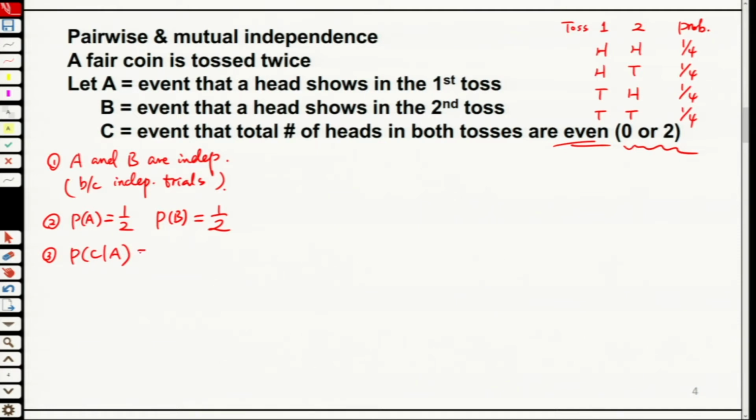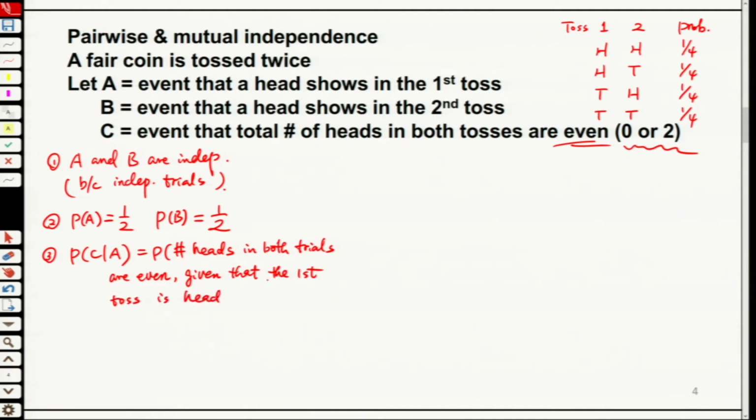If we translate this, it is the probability that the number of heads in both trials is even, given that the first toss is head.